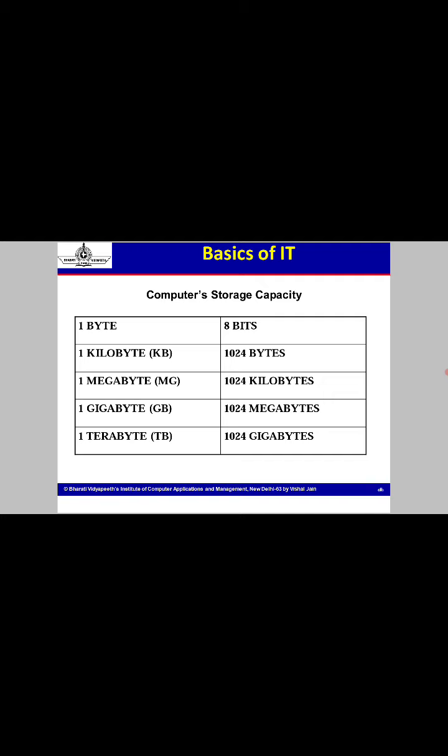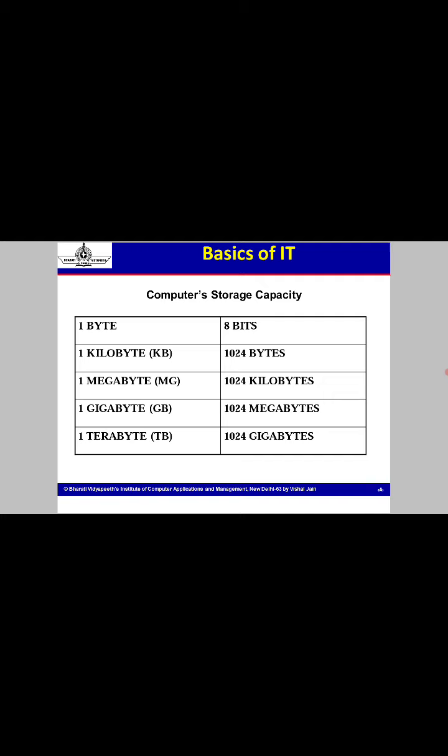Generally the memory or storage of a computer is measured in terms of bits, bytes, kilobytes, megabytes, terabytes, like that. Bit means either 0 or 1.